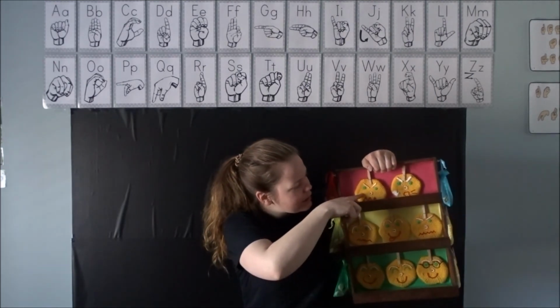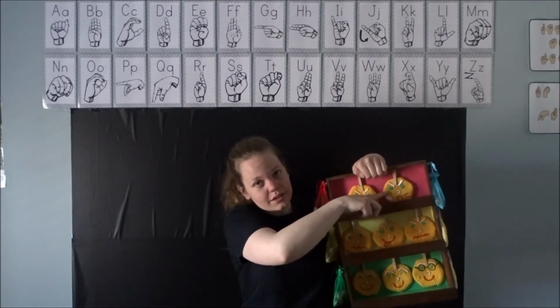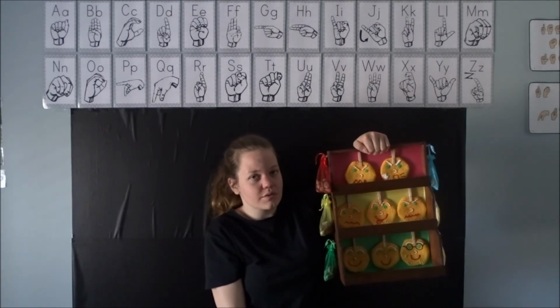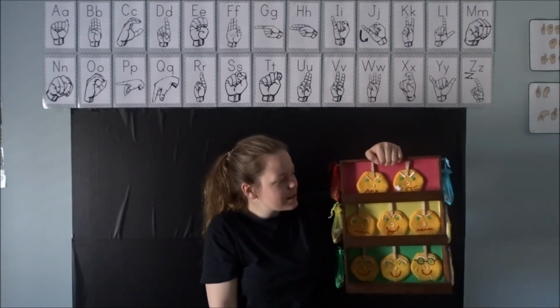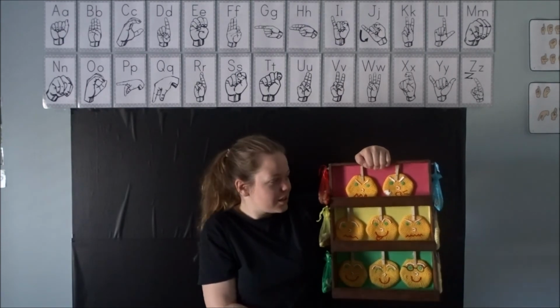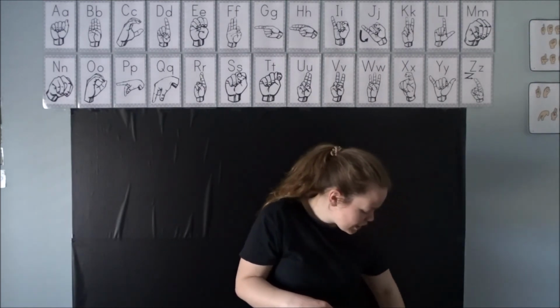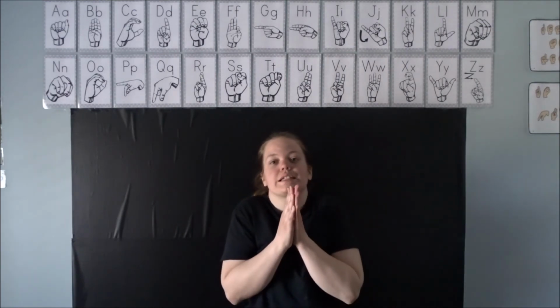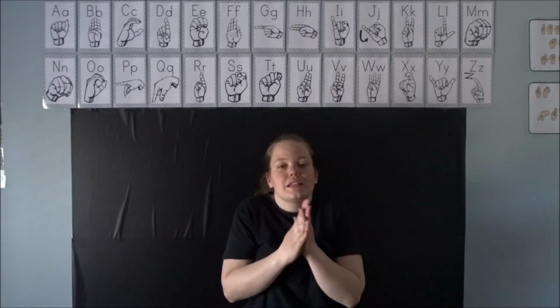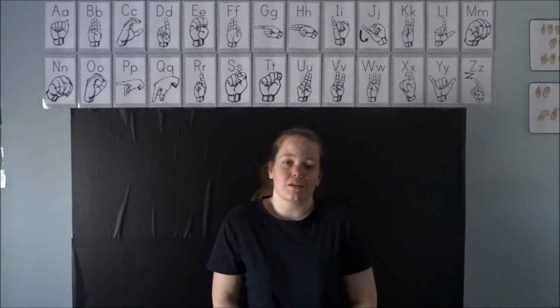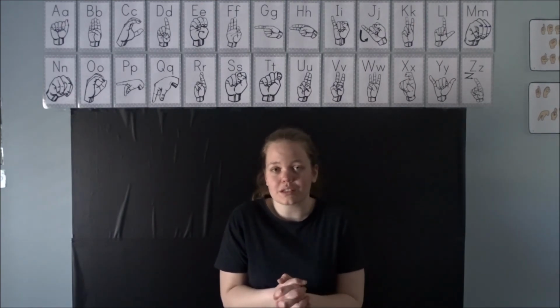So that's mad. And this one, I label as out of control. So that's if someone's hitting, swearing, running, anything that is way out of control. It needs to stop now, or they need help now, and that's the sign that we are going to learn, and it's a really, really important sign to learn as well.